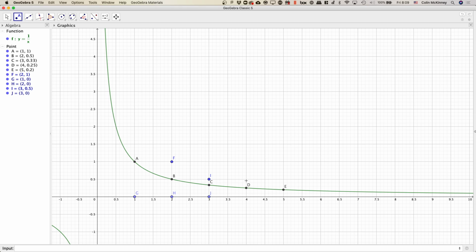Actually, you know what? I'm going to be smart and let the computer compute these. G equals 3f of 2. H equals 4f of 3.